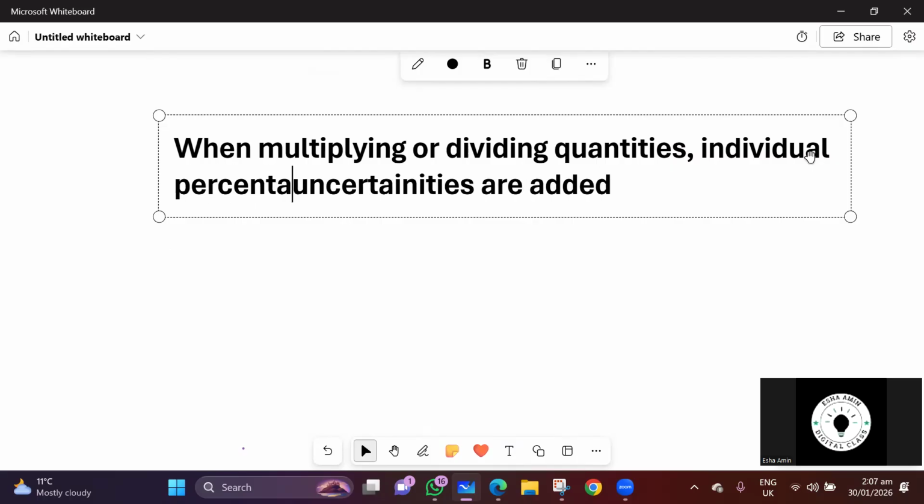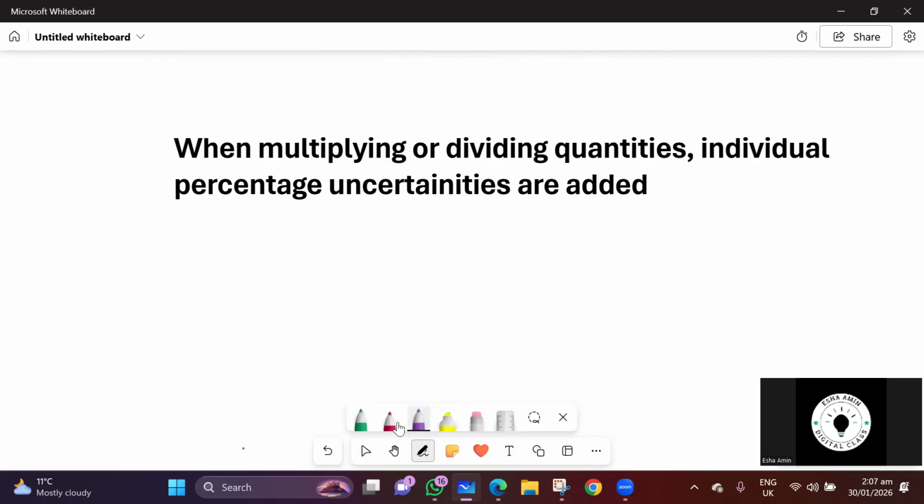Now let's do an example. Let's say the density is equal to mass over volume, so there is a division sign.